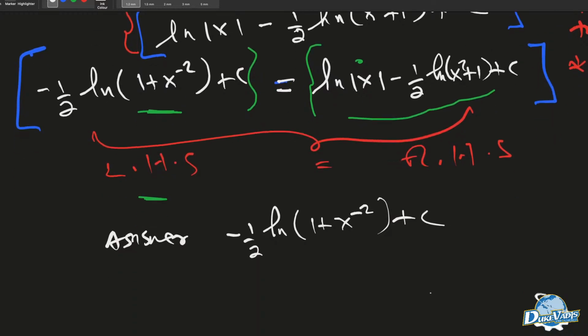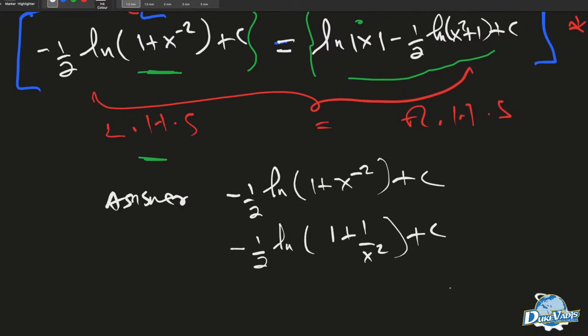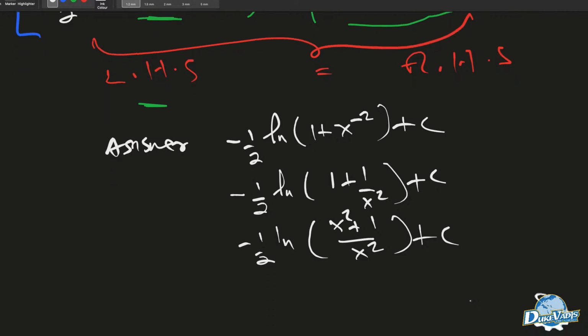I think we can still write this as minus half natural log of 1 plus 1 over x squared, plus c. Then when we simplify, we get minus half natural log of (x squared plus 1) all over x squared, plus c once again.